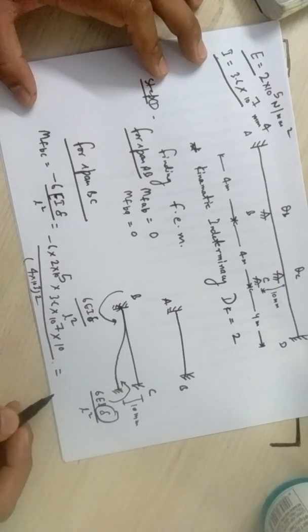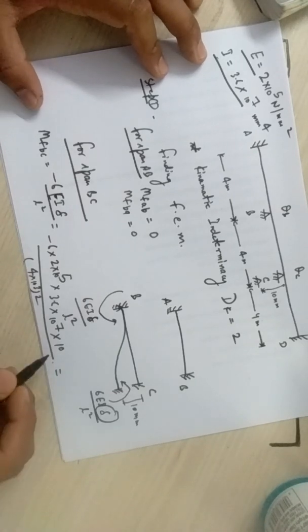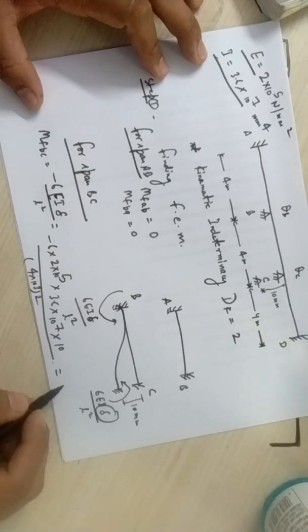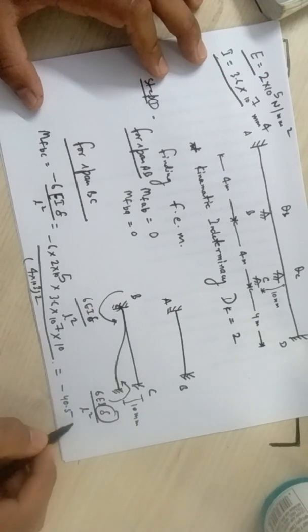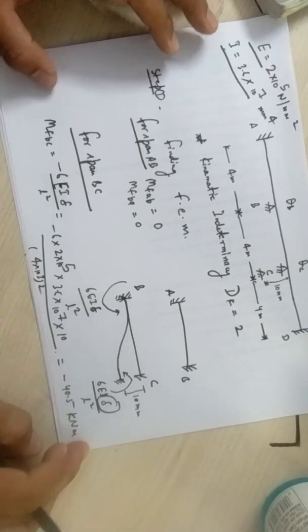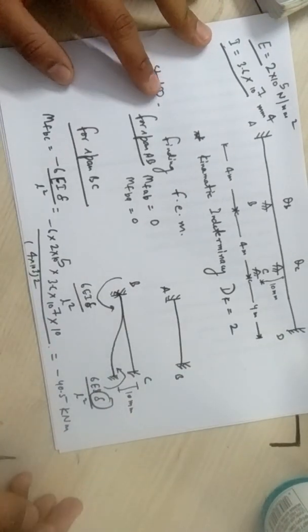So we will solve it. It will come as minus 40.5 kilonewton meter. You can solve it on your own.